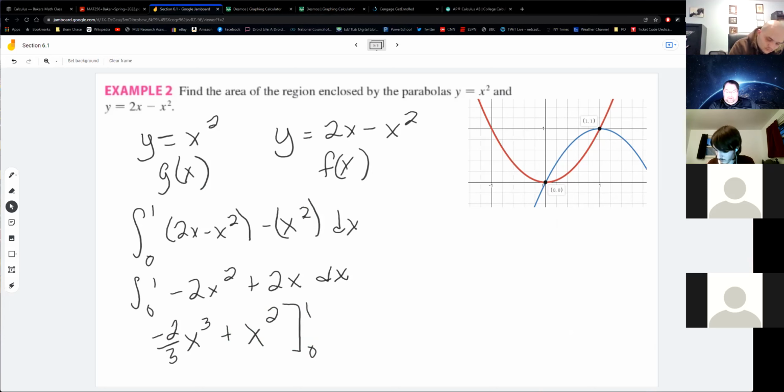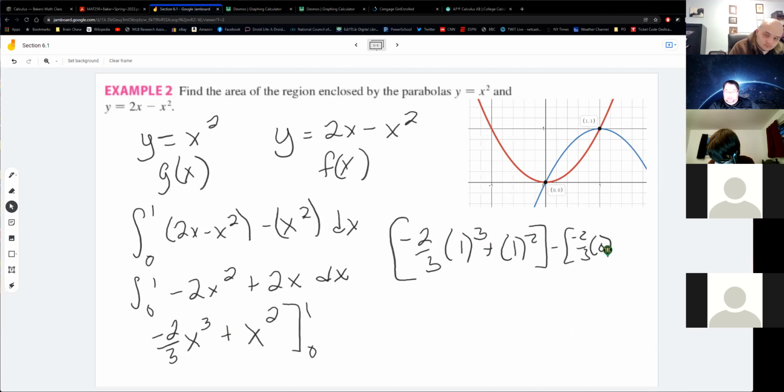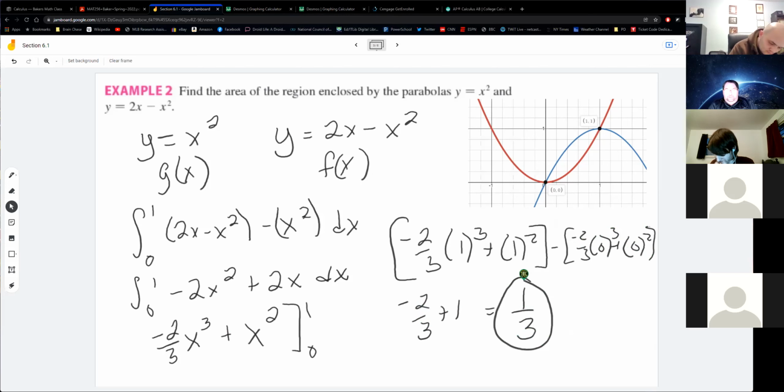So we're looking at this from 0 to 1. I get negative 2/3 times 1 to the 3rd plus 1 squared, minus negative 2/3 times 0 plus 0. So the second half of this cancels out because it's all zeros. So I got negative 2/3 plus 1, which is 1/3.